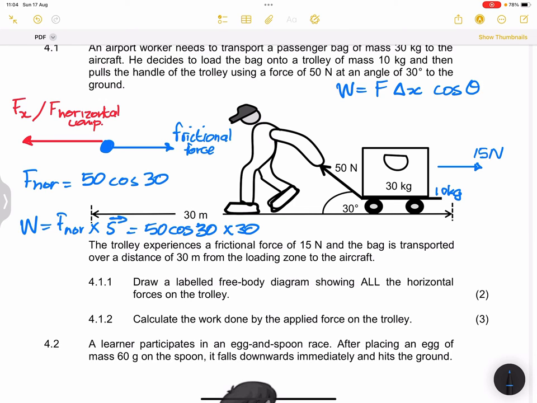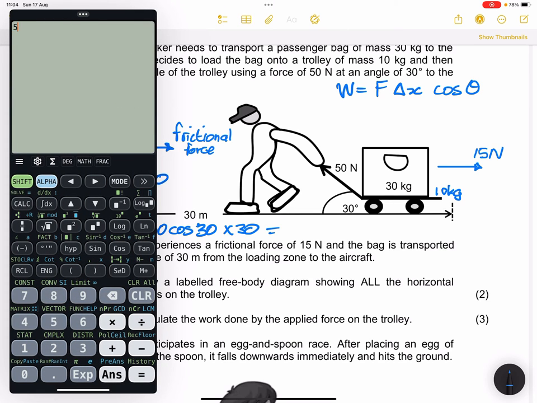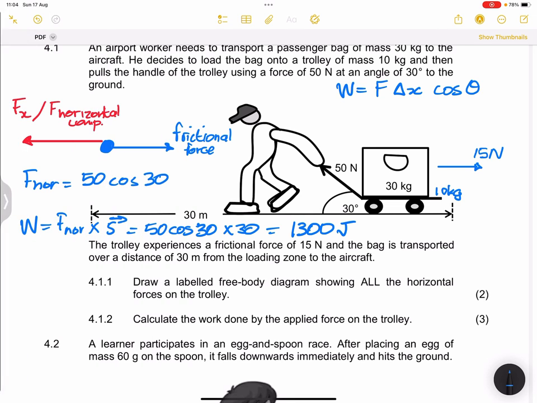And that would give us the final answer. So that's 50 cos of 30 multiplied by 30, and that gives us, let's say, 1,300. So I'll say this is 1,300 newtons. Sorry, it's 1,300 joules.